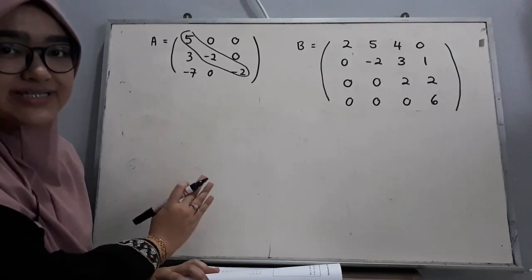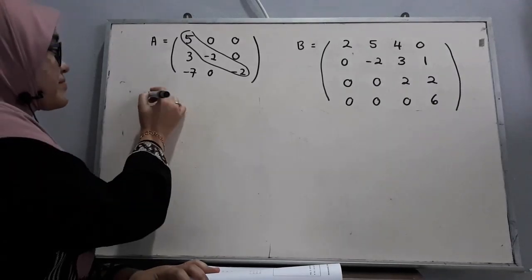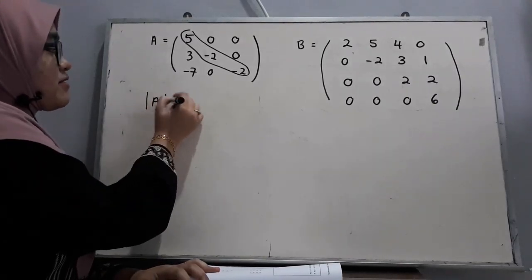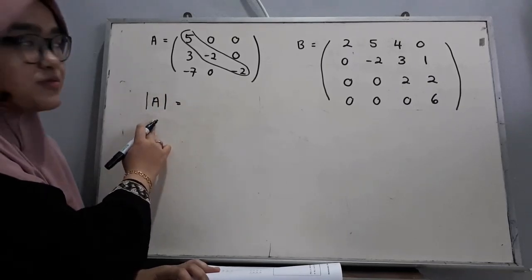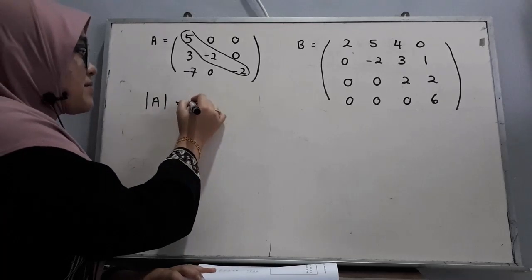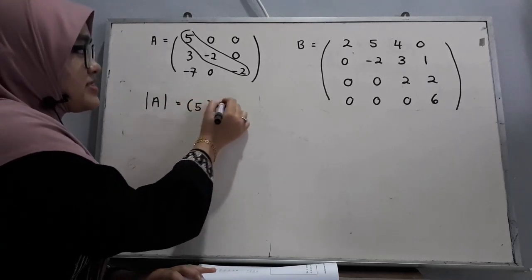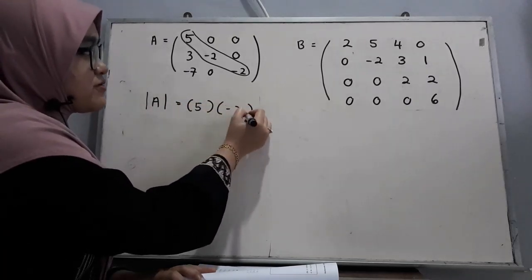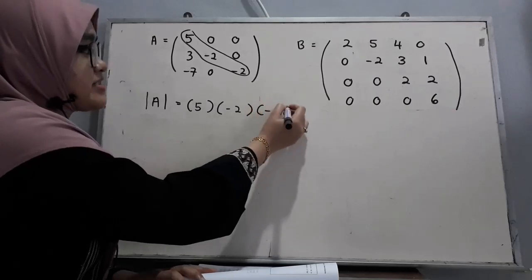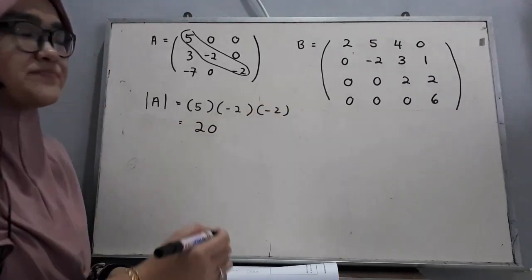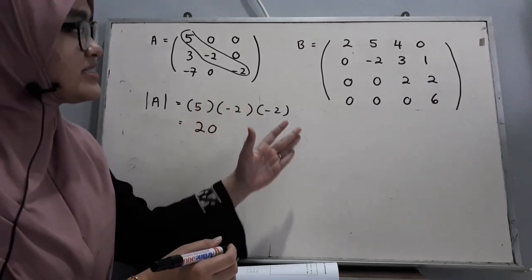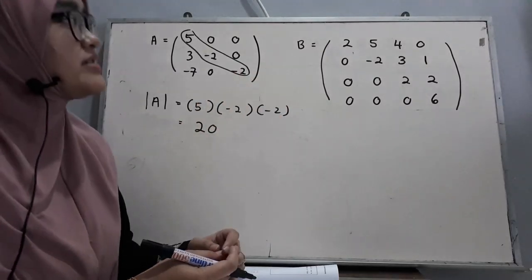So to find the determinant of matrix A, multiply all entries from the main diagonal. 5 multiply by -2 multiply by -2. So we get 20.